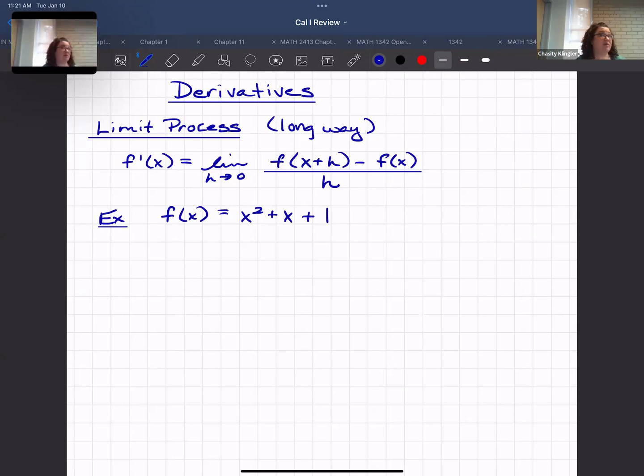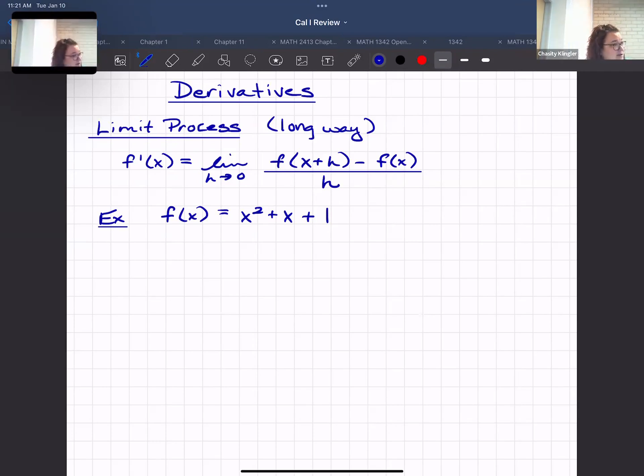Okay. But the reason you can do that is because somebody did the limit process to find it. Okay. So especially with a mathematics background, chemistry, not so much. You're going to be like, oh, there's computers that do all this for me. But in mathematics, you need to know the process behind everything.